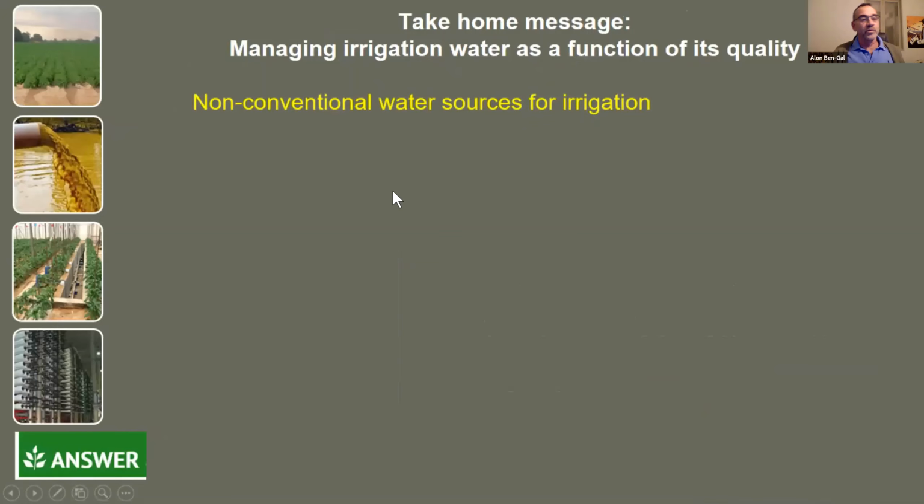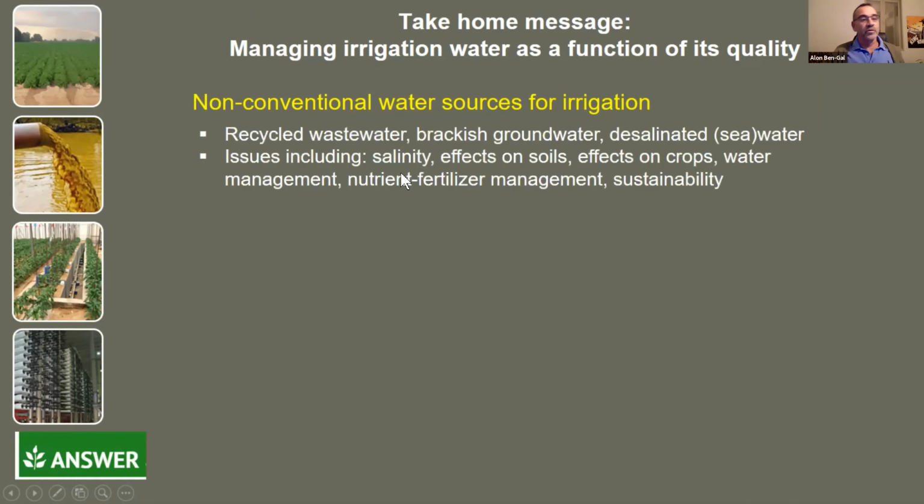So to take it home, what I want you to maybe remember, if you remember something from this talk: non-conventional water sources for irrigation, yes, they've enabled us to have agriculture in drylands in Israel, but they're probably not sustainable in the long run, and there's a lot of issues that need to be addressed if that's the direction we want to go.